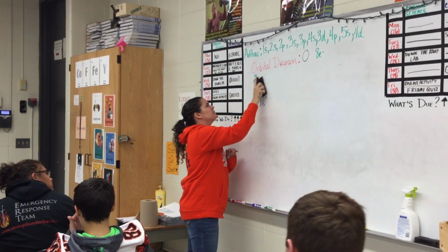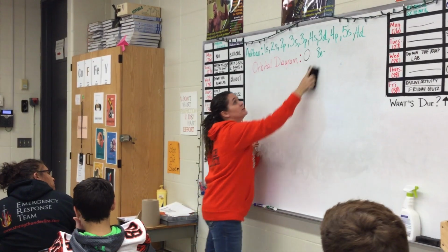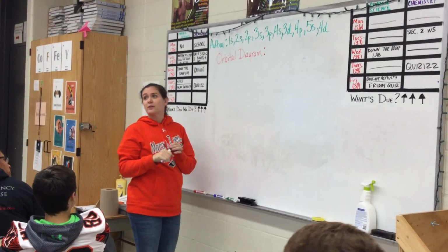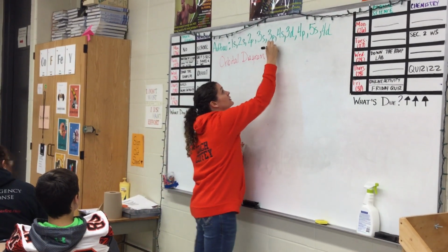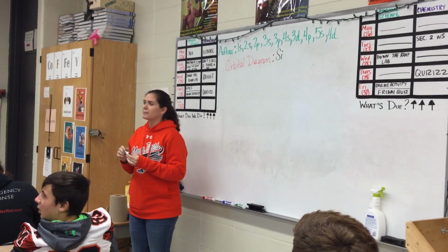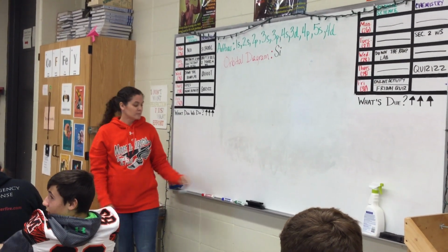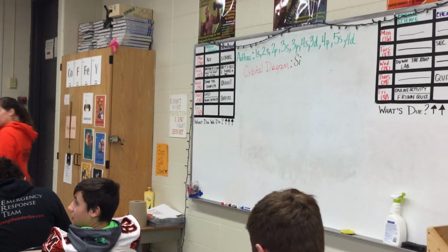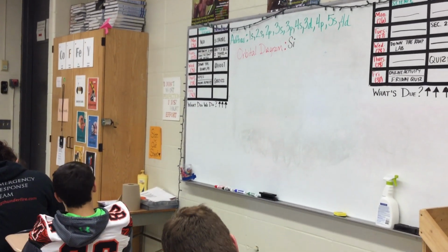Okay, I'm going to give you a little bigger one to do, and this time I'm going to have you do it on your own, and then I'll check it. Or I'll do it up here and you can see how you did it, I guess. So you guys try this one. Do something a little bigger. So I'll give you a couple minutes to get your orbital diagram and electron configuration figured out.